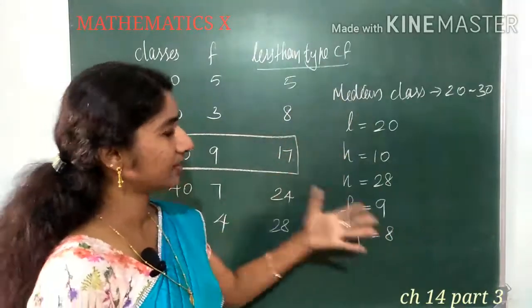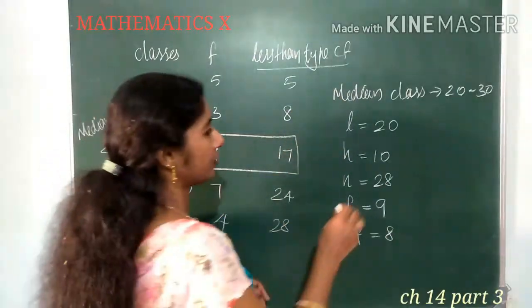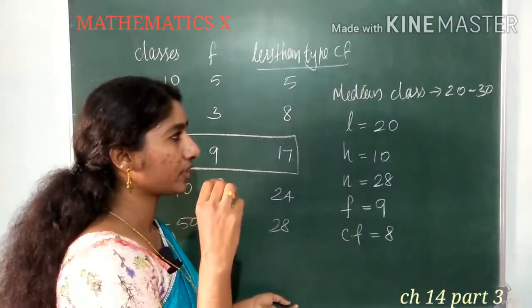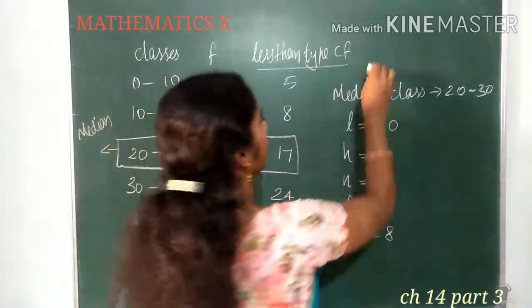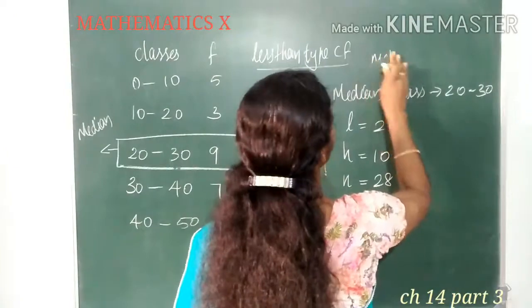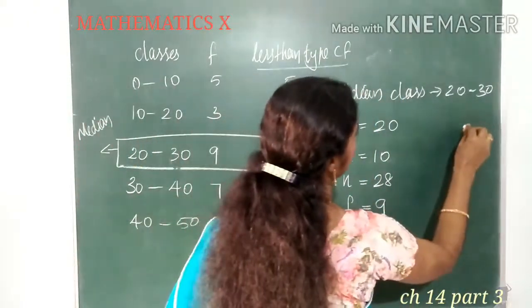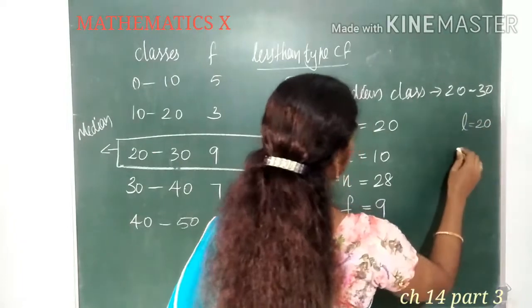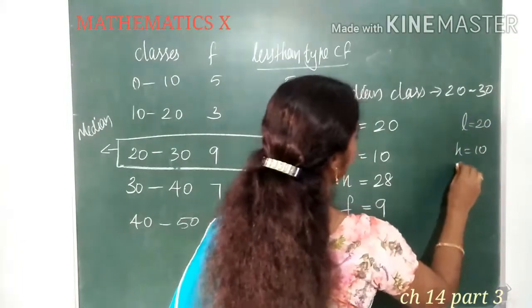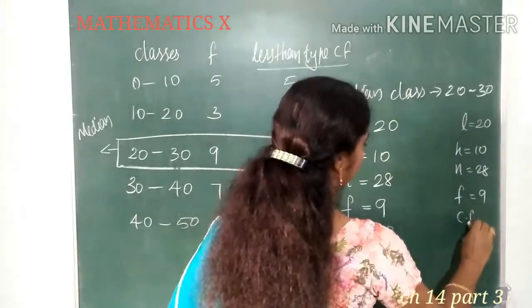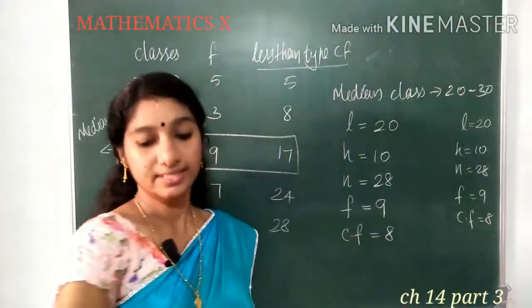So we got all the information which we required for writing the equation. Now you write the equation. I will just note down here L equal to 20, H equal to 10, N equal to 28, F equal to 9, and cumulative frequency up to the median class is 8.